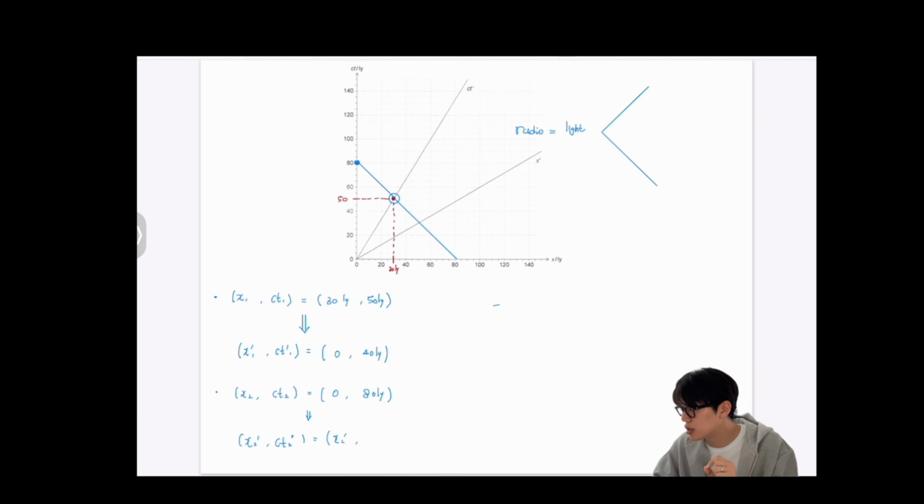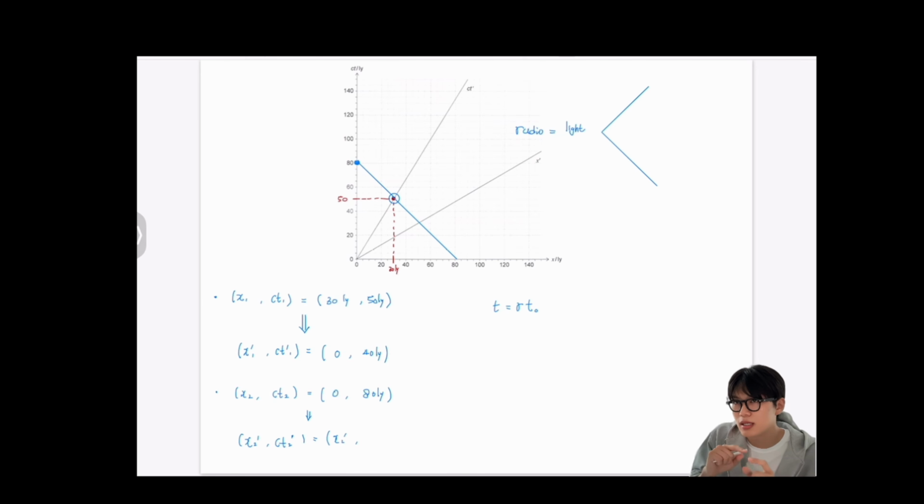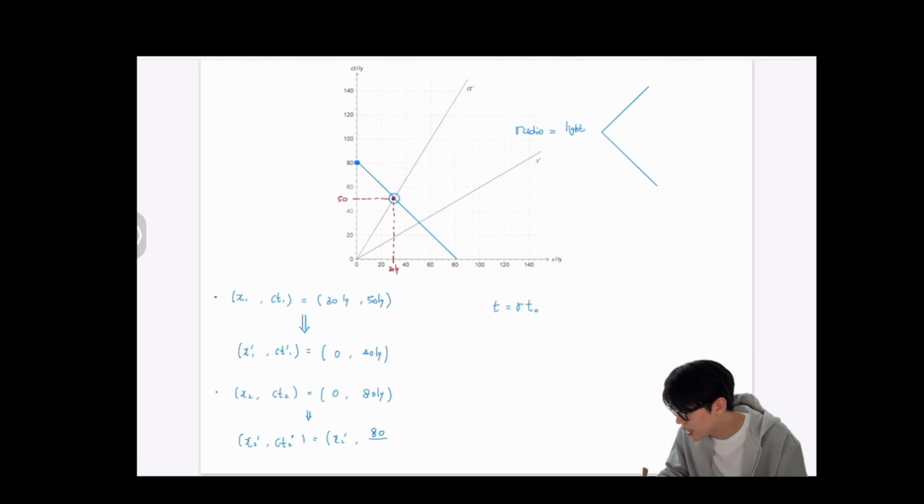We can use t equals gamma t0, but because the radio already travels at the speed of light, it cannot be faster, so the time should take longer. So it should be 80 light years divided by 0.8, which was the gamma. So it should take 100 light years.